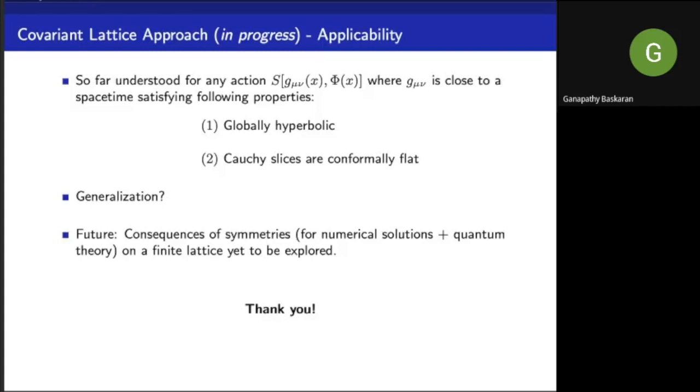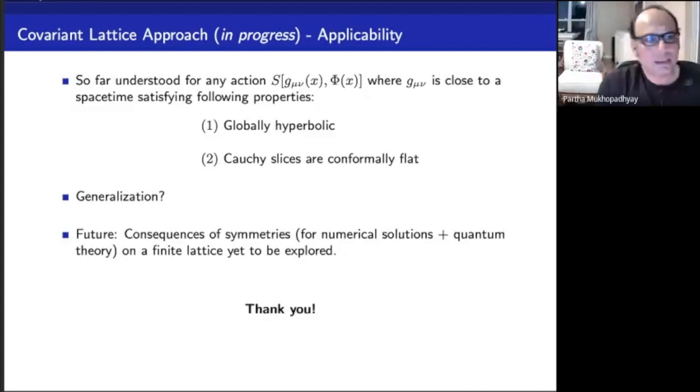So can you comment on that? Can you go from one to the other? So G mu nu, if you start from the continuum theory, after constructing the lattice theory, G mu nu will depend on the lattice site. It will vary. So if that is the system, then it should work.